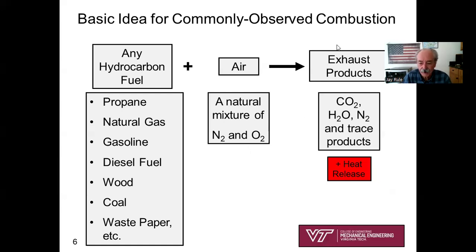And what are the exhaust products? CO2, H2O, and I've got this nitrogen in the real world. So nitrogen is going to be carried along. It's going to be exhaust products, and there will be some, in the real world, other trace products. And recognize that there's a tremendous amount of heat released as a result of this combustion.